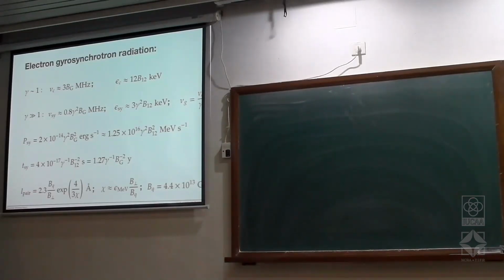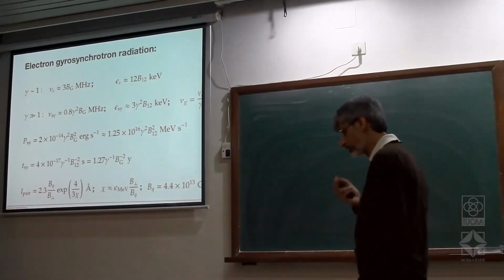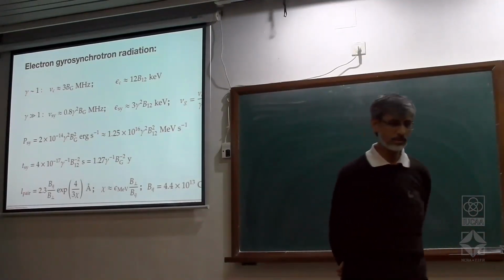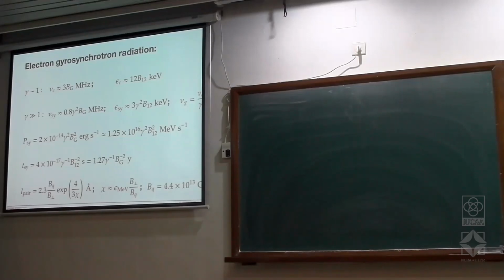This is not curvature, this is synchrotron. But once they come down and start getting dragged along the magnetic field due to the parallel component, then dominantly after this cyclotron time, the emission will be kind of curvature emission, right?